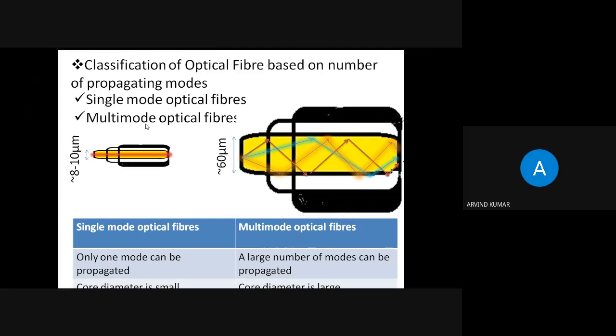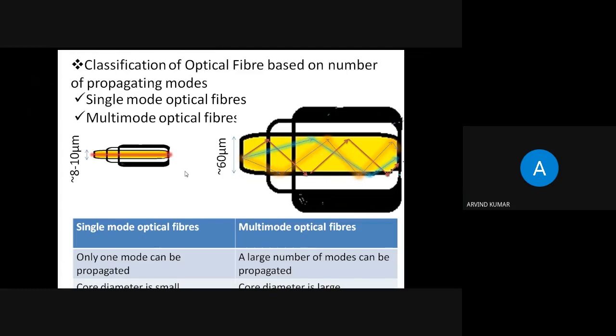In case of the single mode fiber, in this diagram, the diameter is very small, 8 to 10 micrometer, and this red arrow represents that only one signal is propagating in the optical fiber.